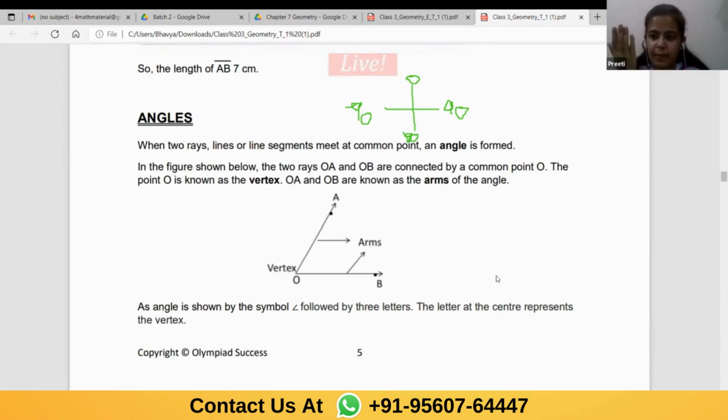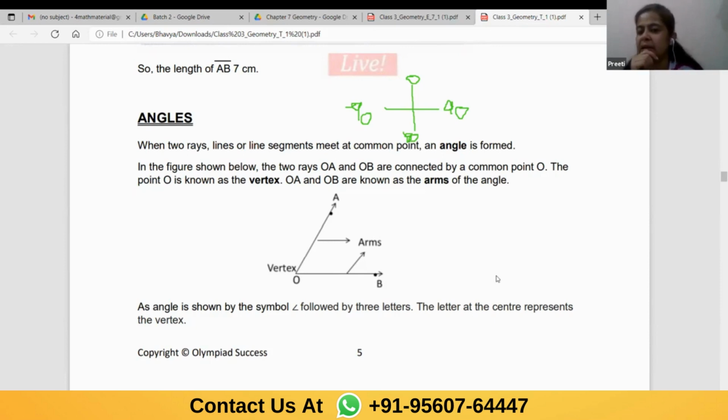So maybe he or she told you that 90 on the right will remain 90 only, but 90 on the left will become minus 90. But here it will differ a bit. Okay, ma'am, I know. But there is a logic. The logic that we are using for 0, 90 and 180 is absolutely correct. But it may differ in coding and mathematics.